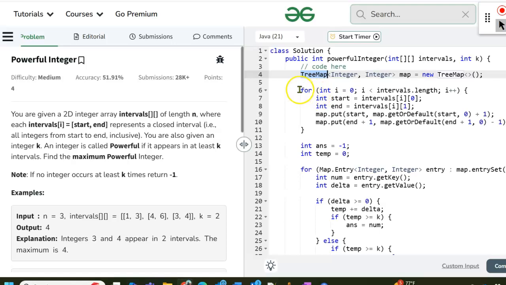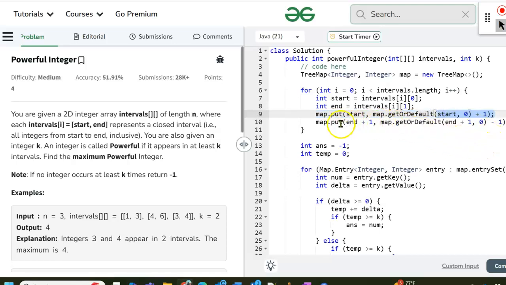So that's what this is doing. We're going to go through the intervals, and every time we see a number as the start of an interval, we're going to increment the count by 1.